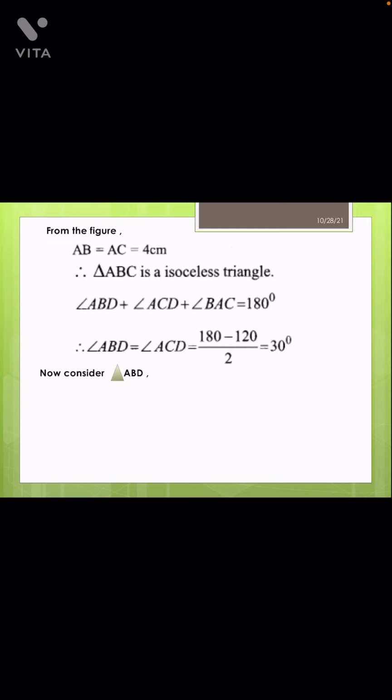You can see that here ADB is 90 degrees. Therefore, BAD is equal to 180 minus (30 plus 90). You will get 60 degrees.